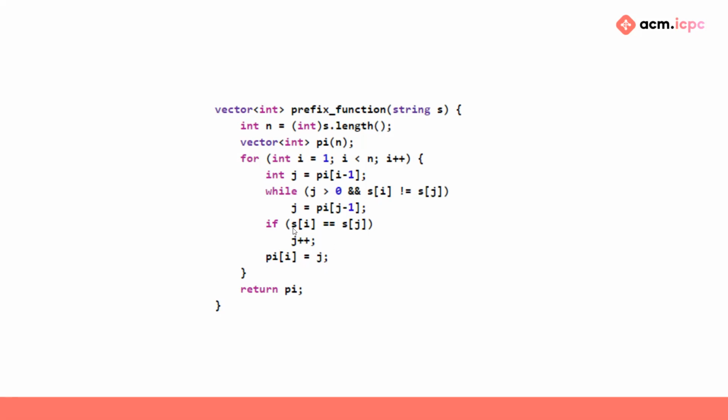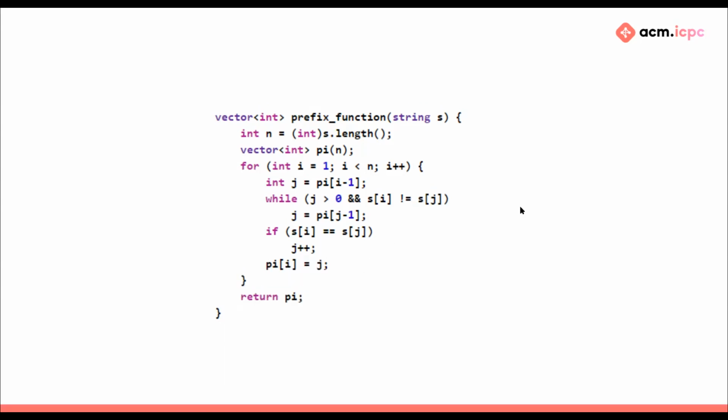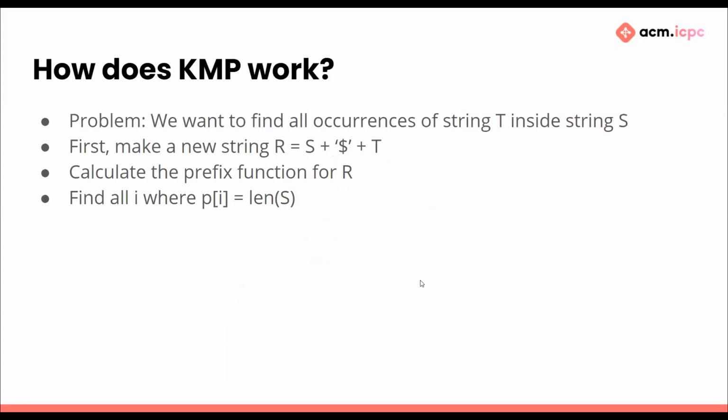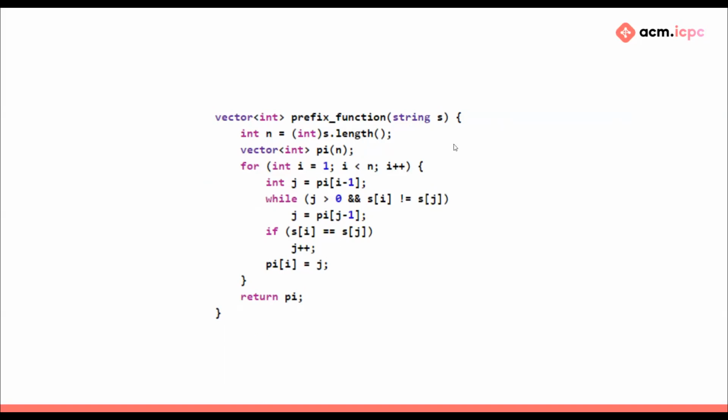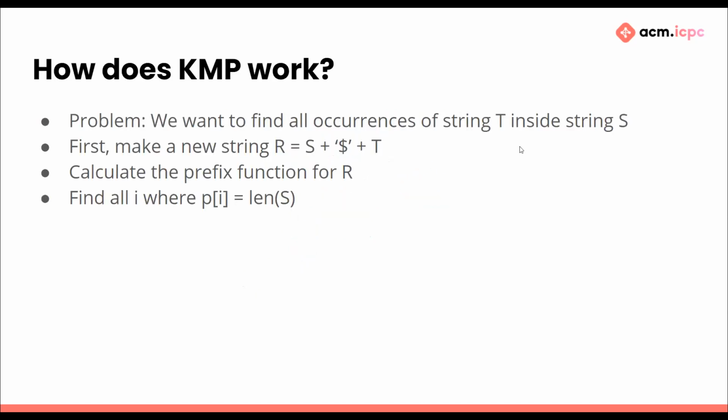And if they are, we increment j by 1 because we can just append those two characters to the prefix and the suffix. And then lastly, we update the prefix function for i. Okay. Yeah, so that's the code for the prefix function. And that's the underlying idea for KMP.